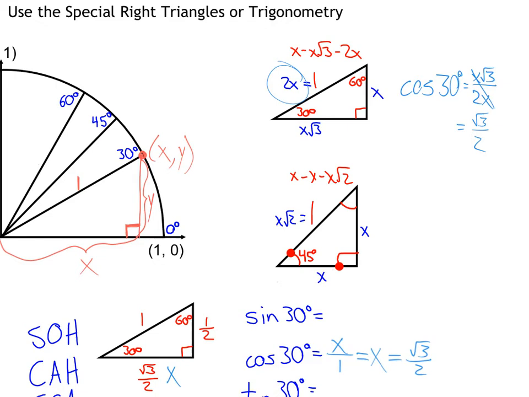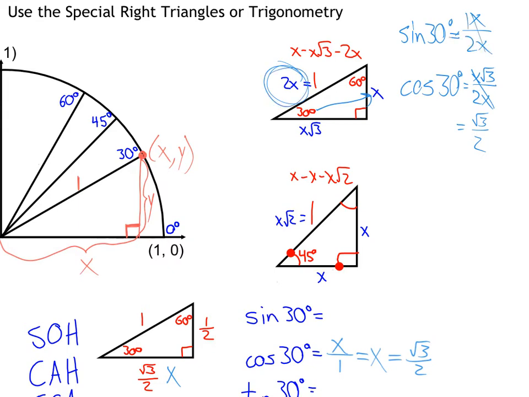Now, what will sine of 30 equal? Using the same strategy there. Would it be x over 2x? Okay. Think in terms of SOHCAHTOA. Sine of 30 is the opposite, x, over the hypotenuse again, 2x.